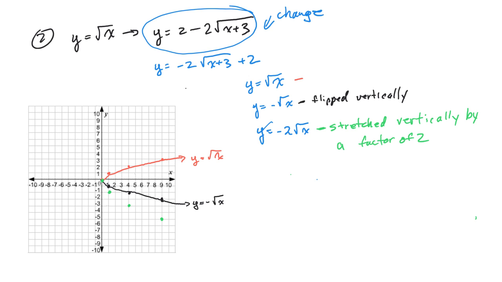So now our new graph looks like this. And you can write beside it y is equal to negative 2 root of x.